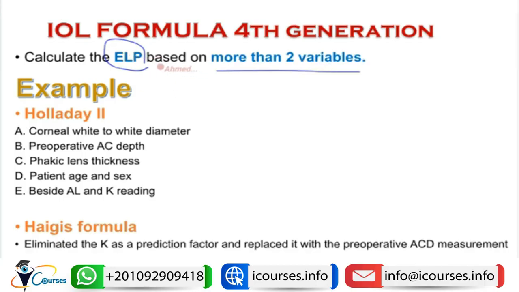So what are the formulas that represent the fourth generation here? It will be the Holladay 2, and the Holladay 2 doesn't only take into consideration the axial length and the K reading, but also the corneal white-to-white measurement.